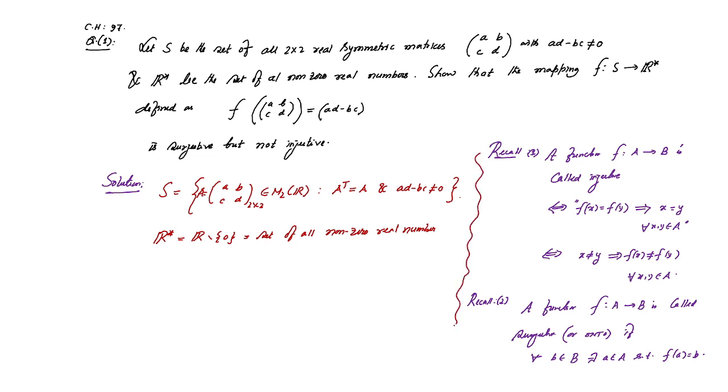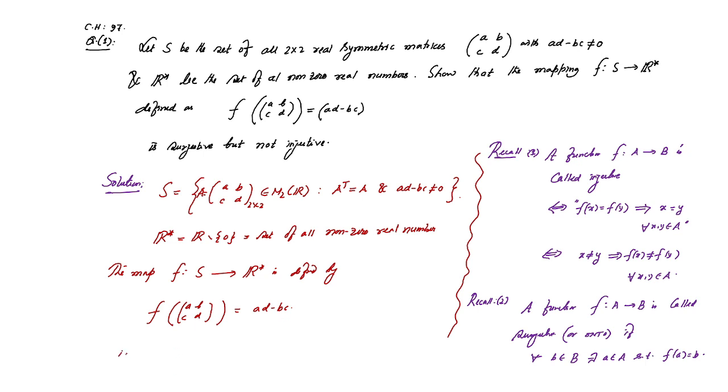And we are given the map F from S to R star defined by F of A, B, C, D equals AD minus BC.